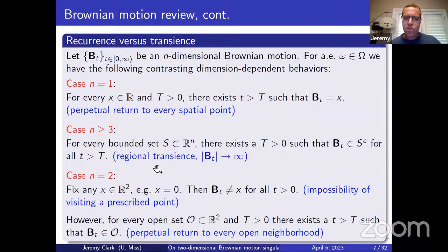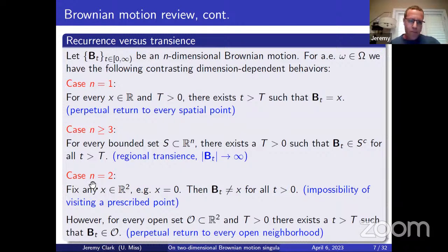This is transience, meaning that the Brownian motion is gradually going to infinity in dimension 3. It does not keep returning to local regions, say around the origin. These two cases are both easy to understand. In the one-dimensional case, the Brownian motion keeps returning perpetually to every single point. In the three-dimensional case, you have this transience. You basically go off to infinity. It's random when you do that, but you will eventually go off to infinity.